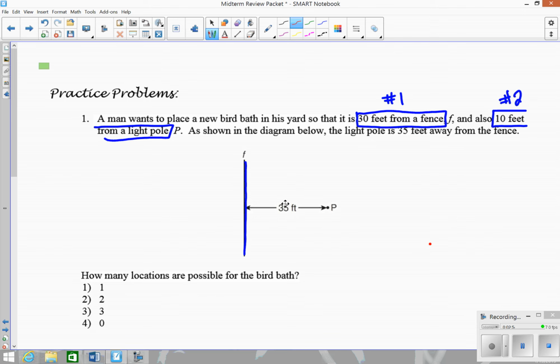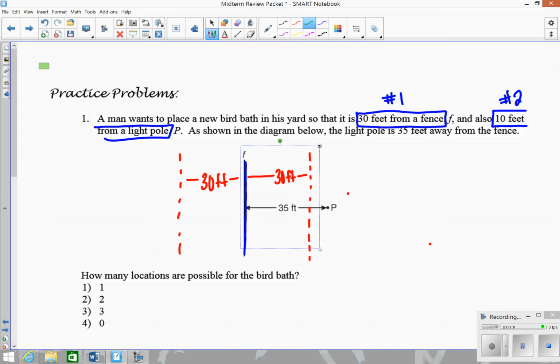So if this distance here represents 35 feet, I'm going to say this distance here is probably about 30 feet. So I'm just going to mark that as 30 feet. And I also need the same thing on the other side. So 30 feet on the other side. So you started with 1 line, we get out 2 lines. Then we go to the next condition.